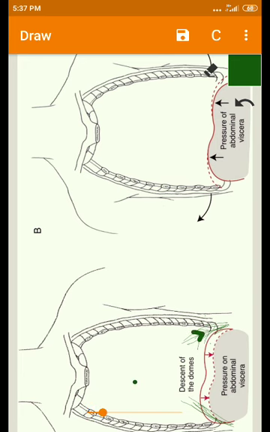Then the zone of opposition decreases. You can see the zone of opposition decreases. Normally it is more, but after contraction the zone of opposition is decreased.